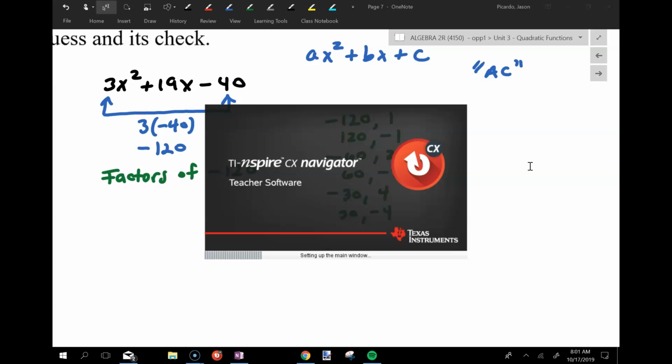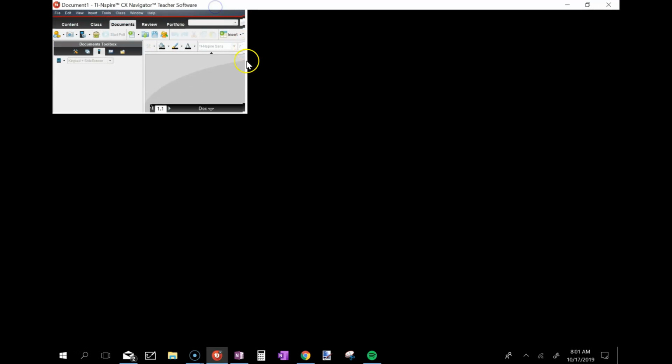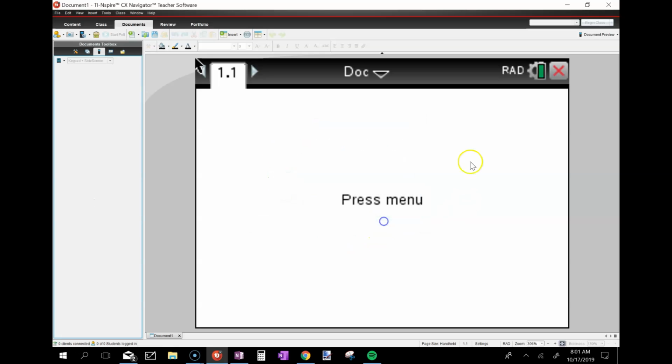It's the coolest thing in the world. Not really, but I like it. What number are we trying to find all the factors of? Negative 120. So what you're going to do, guys, is this, and this will give you all the possible factors, and it'll give you all the possible factors in order too, right? Watch this.